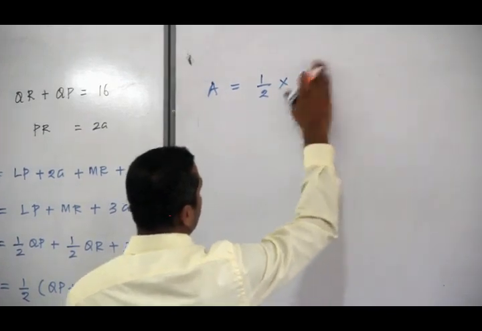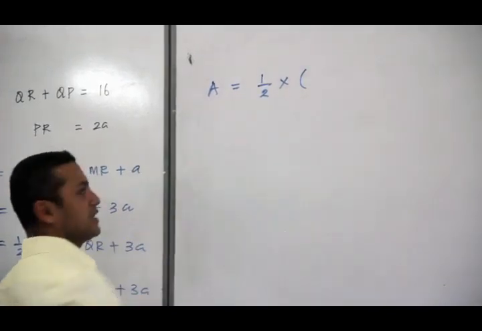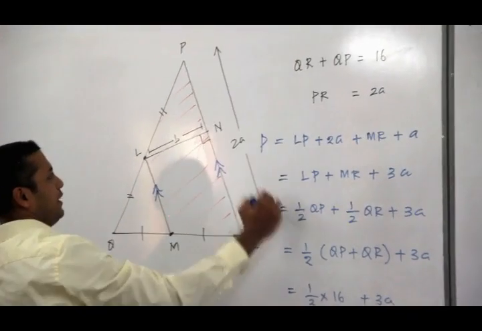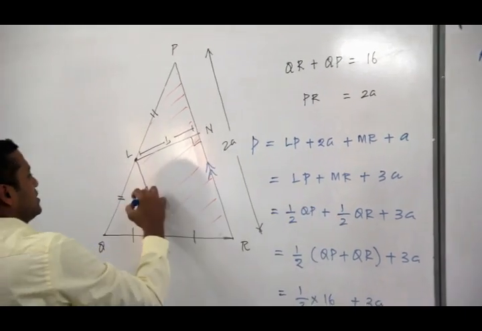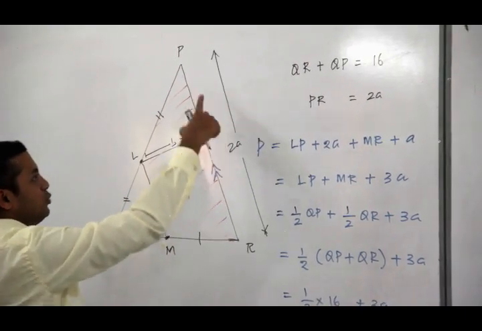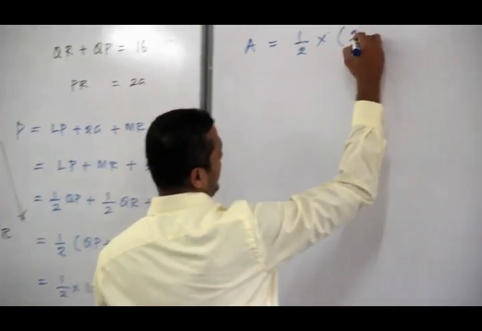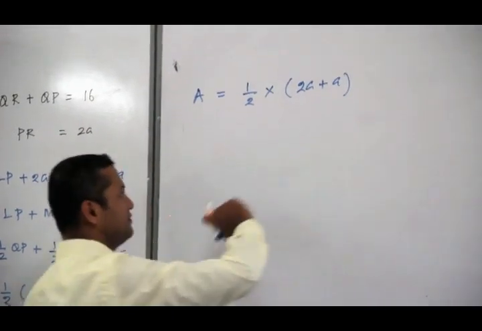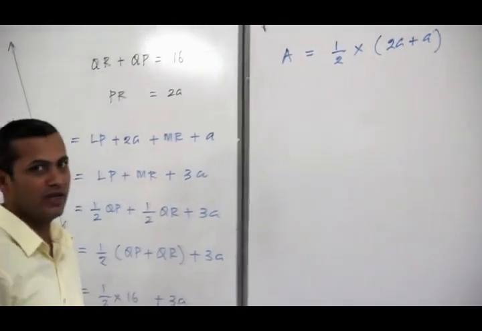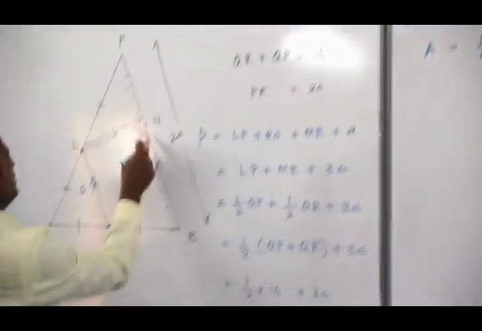According to that, we can write what? Yes, half into sum of parallel lines, 2a plus a. This is a, right? Since this is 2a, according to midpoint theorem, this is a. Then 2a plus a, half into sum of parallel lines into perpendicular height between the parallel lines, that is b.